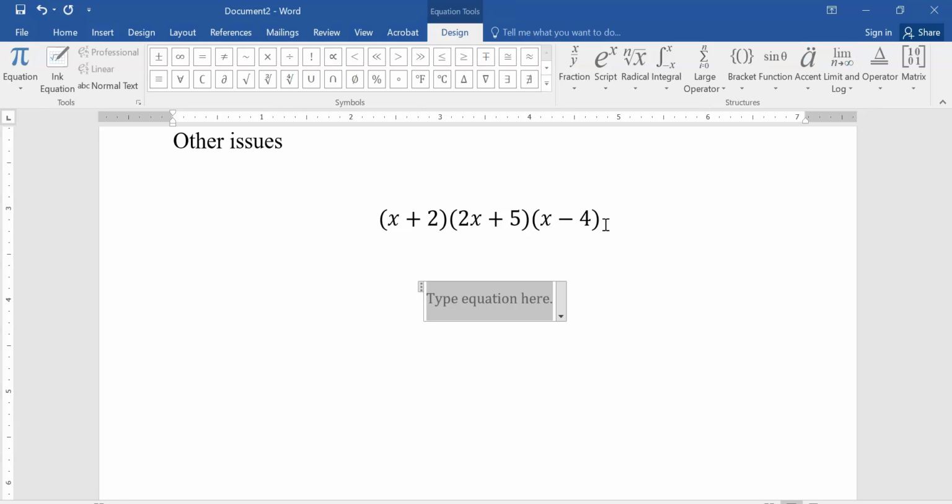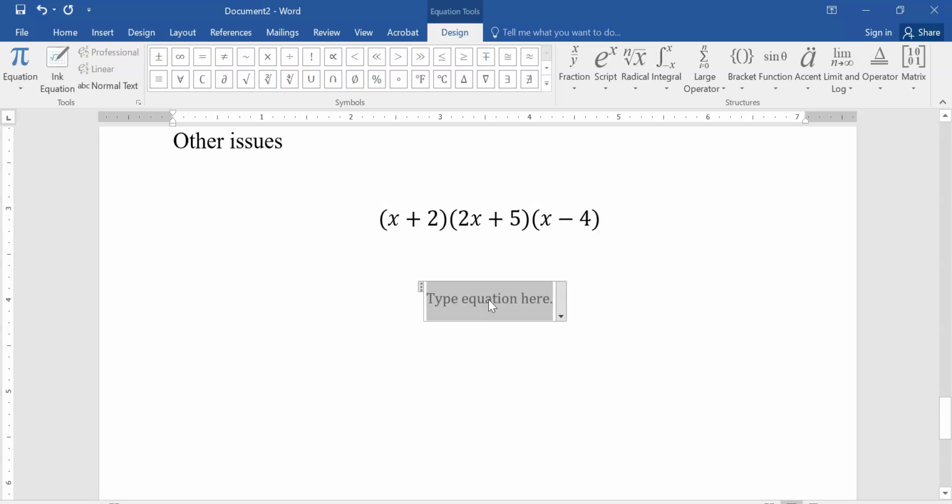All right, so basically what you're going to do on a problem like this is you're going to take these first 2 polynomials and you're going to multiply them together. And then you're going to get a result. Once you get that result, then that result is then going to be multiplied times the third polynomial.